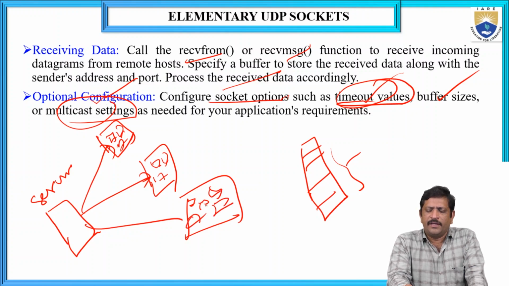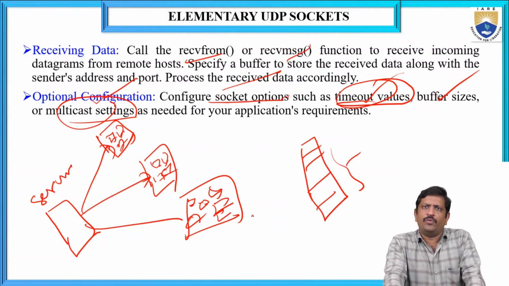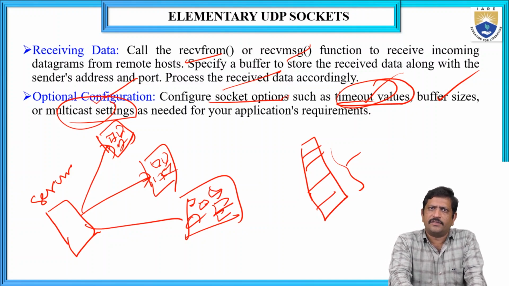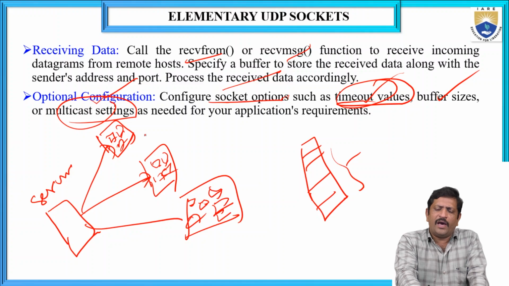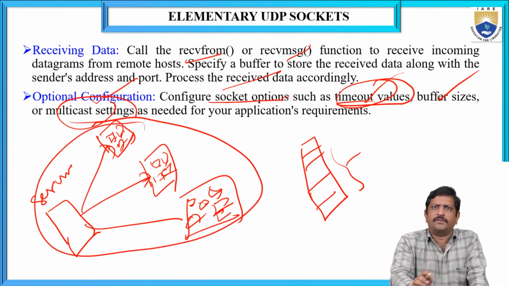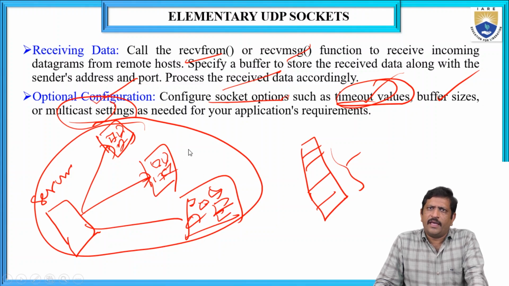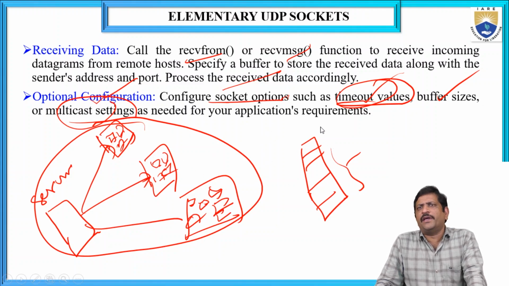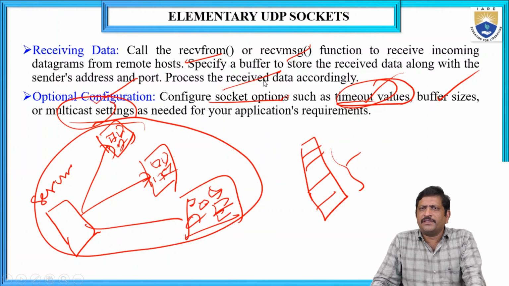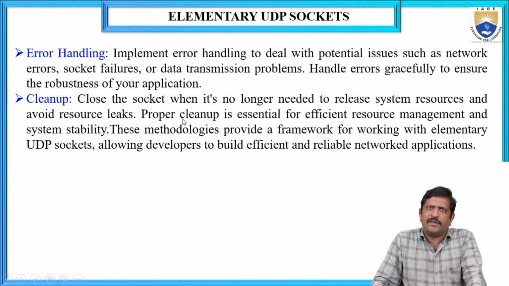If you send the information to a group of devices, we call it a multicast setting. Like that, we set up the server and clients. That is the meaning of multicast setting, and it can be utilized as per the application requirements.